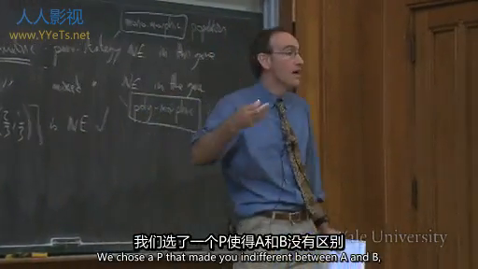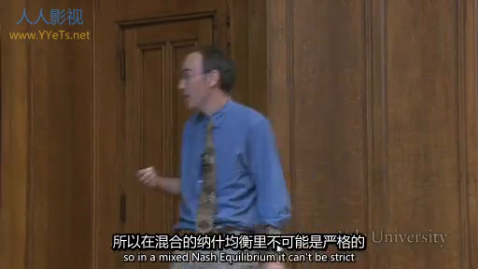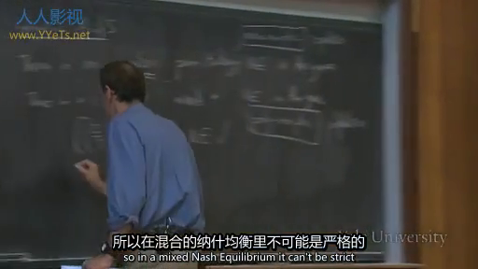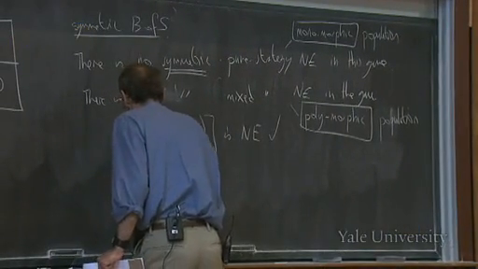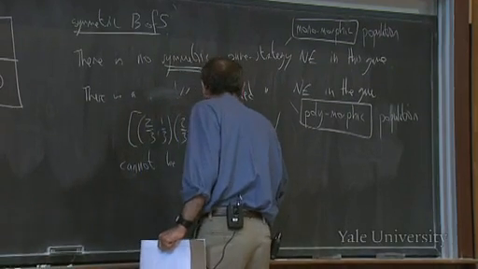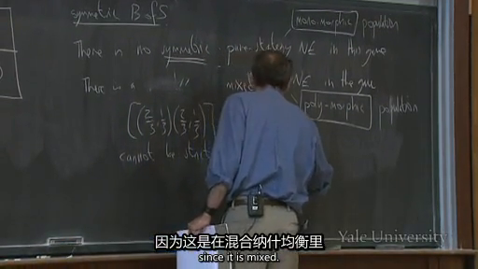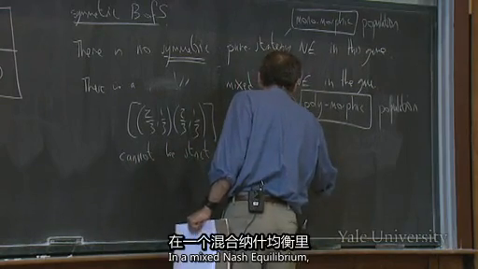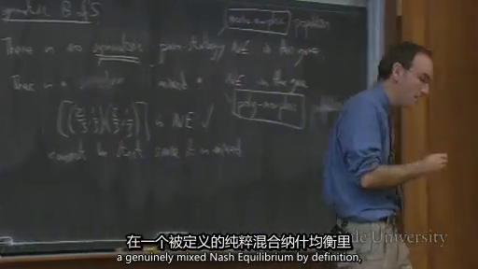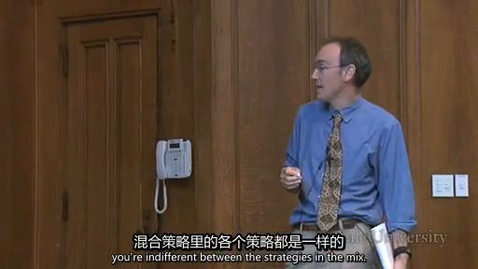We chose a P that made you indifferent between A and B. So a mixed Nash equilibrium cannot be strict, since it is mixed. In a genuinely mixed Nash equilibrium, by definition, you're indifferent between the strategies in the mix.